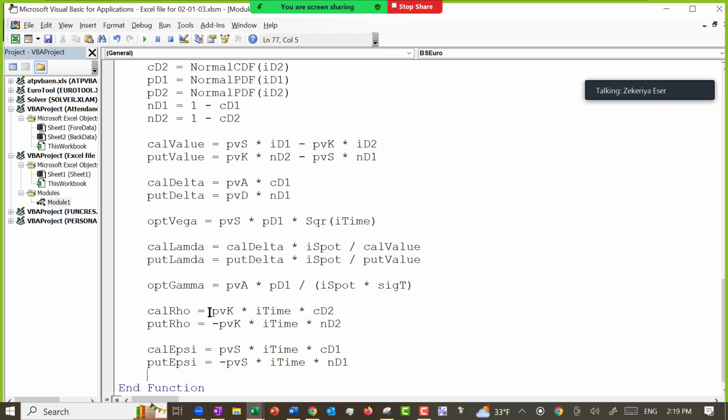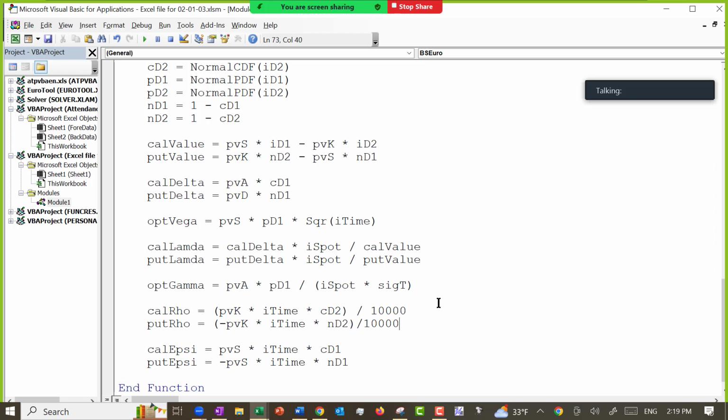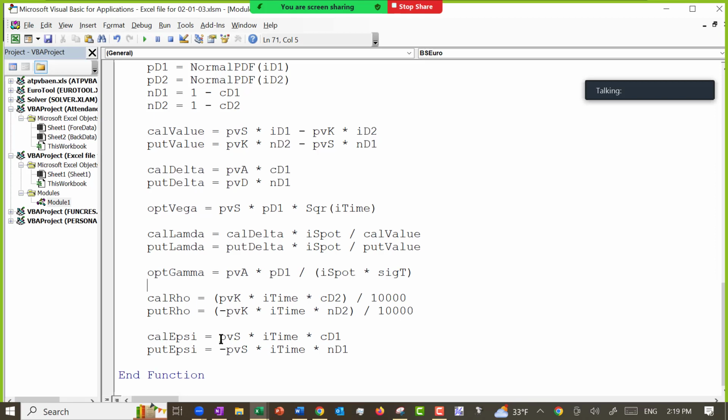That means I'm going to divide all of these by 10,000. It's just an easier way to interpret them.